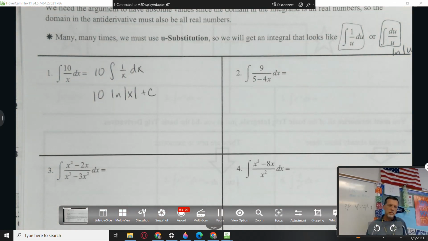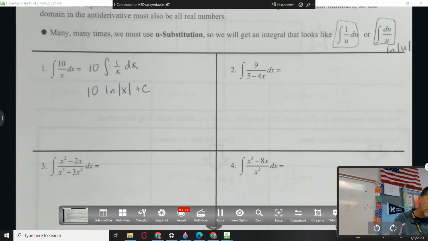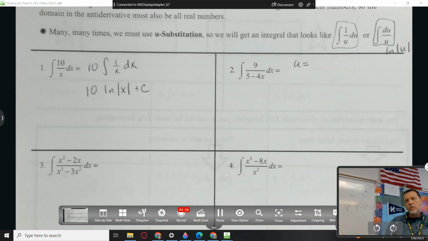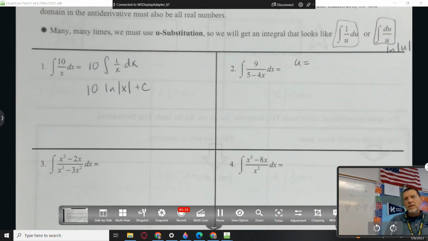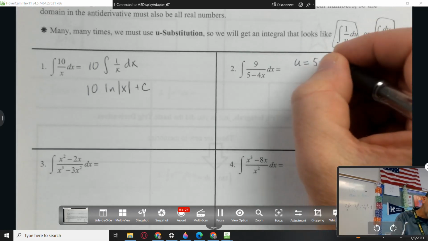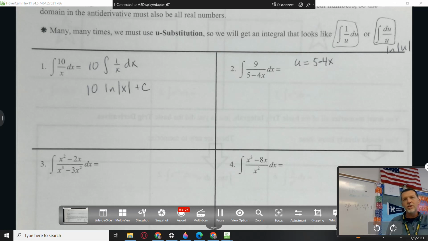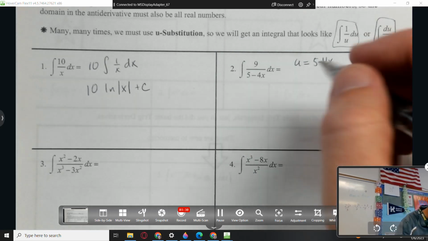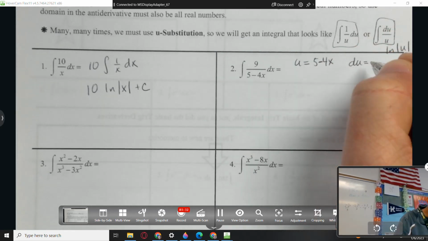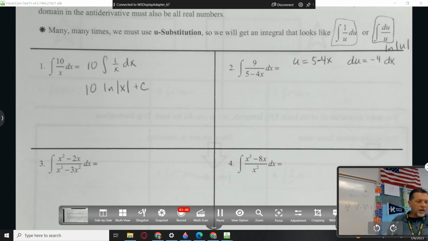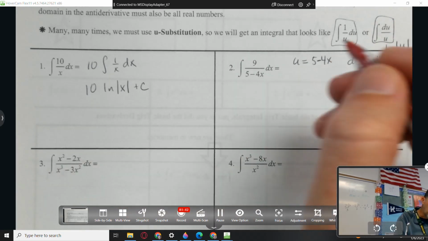And then number 2 happens. It's like, wait a minute, this is not the same thing. So let's let u be something so that du shows up. 5 minus 4x. Probably 5 minus 4x, because that would put u in the bottom, and especially given the worksheet and the unit that we're on, we usually get u in the bottom. Du then would be negative 4 dx. So we've got some constant issues we need to fix here.